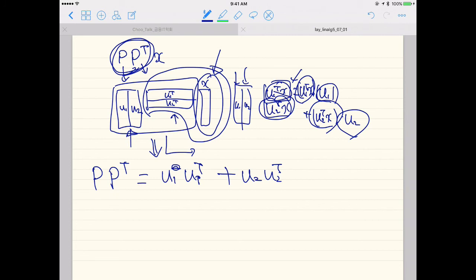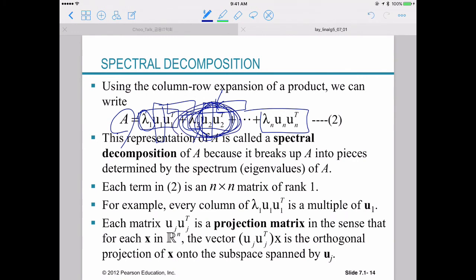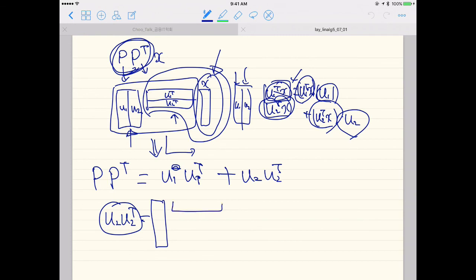Okay, then let's think about just a single U2 transpose. So these are coming from this guy. Let's assume that we picked up this guy, and then let's form this U2 and U2 transpose. So in this case, it is also an orthogonal projection matrix, but now our subspace is spanned by only one vector.